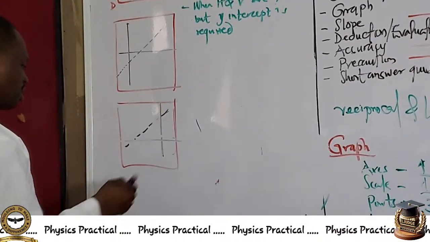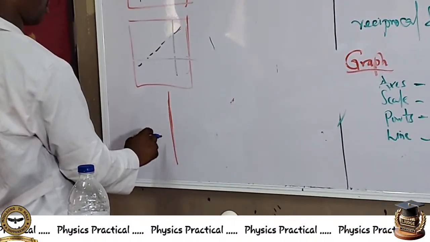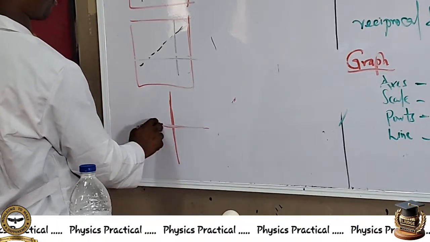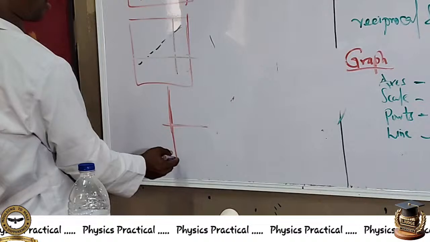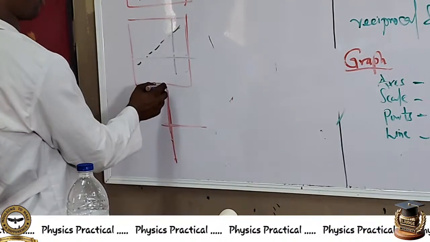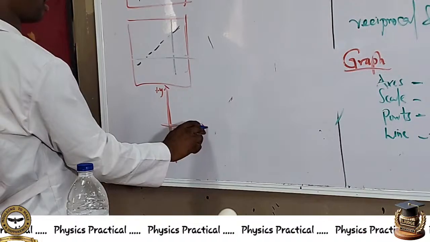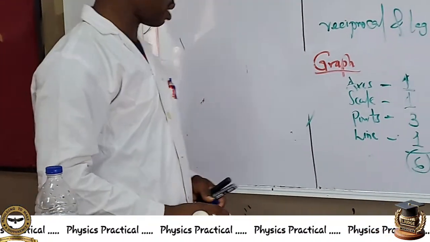Let me just draw the graph directly. So this will accommodate the negative values of y, positive values of y, and everything here is positive x. So that is that.